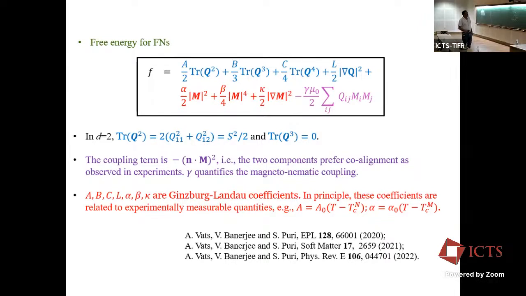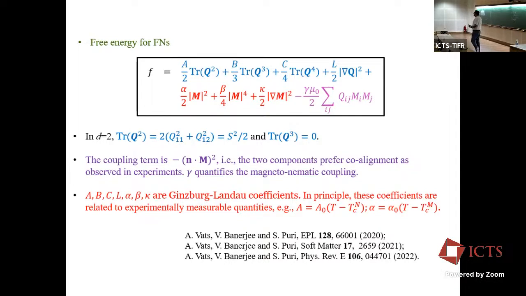And then I have a coupling term, and the coupling term I've chosen, though I've written it down in terms of Q and M, is essentially minus (n dot m) squared. So what does this term in the free energy do? This term makes n align parallel to m. That's one, because if n aligns parallel to m, this term is larger, and this brings the free energy down.